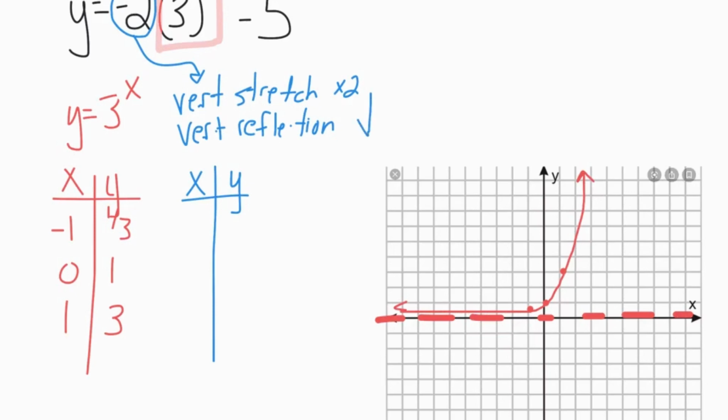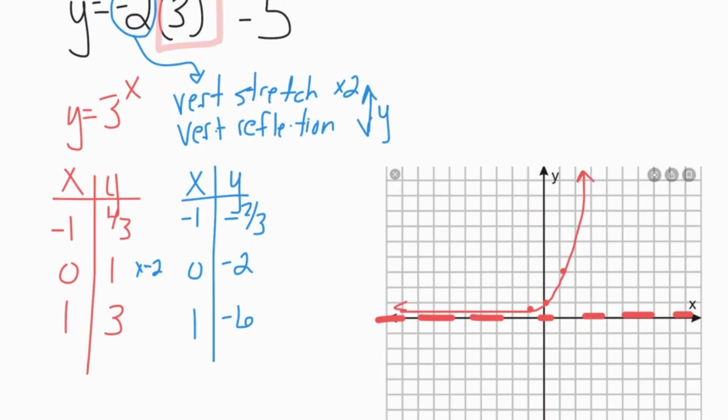Because we are doing this vertically up and down, those are my y values. So I'm going to take all my y values and times them by -2. So your x's stay the same: -1, 0, 1. Y becomes a -2/3 here, -2, and then a -6.